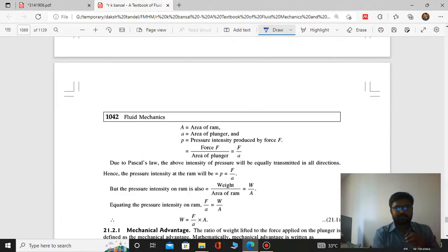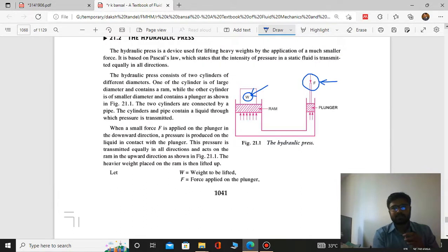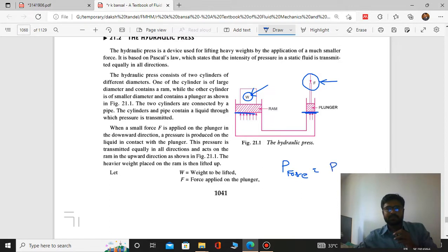Here you can see that pressure on both sides would be equal according to Pascal law. According to Pascal law we know that pressure at this point equals pressure at this point. Clear? So pressure on force side will be equal to pressure on weight side.